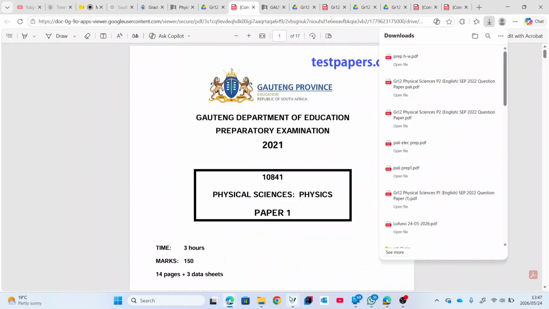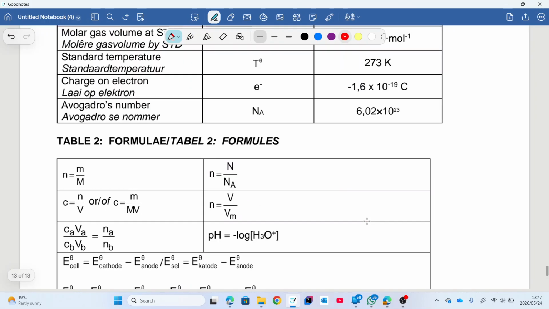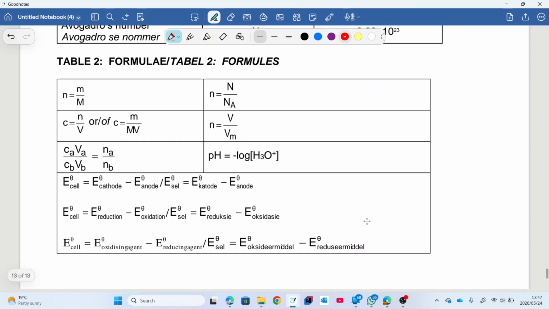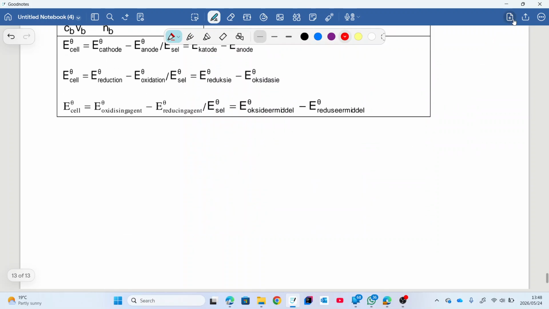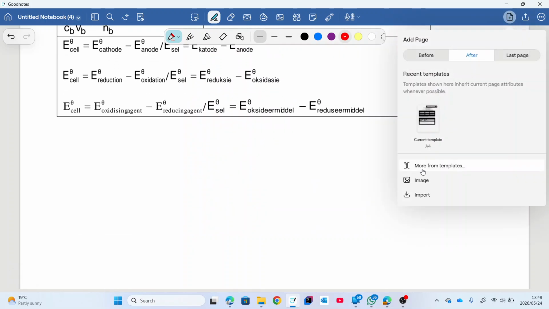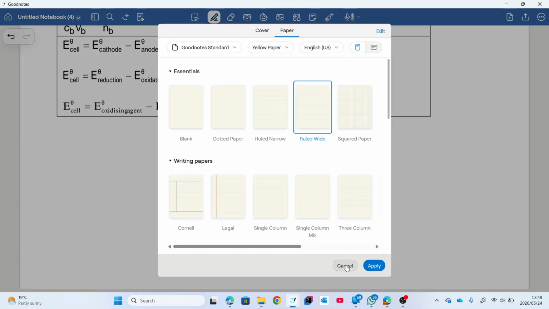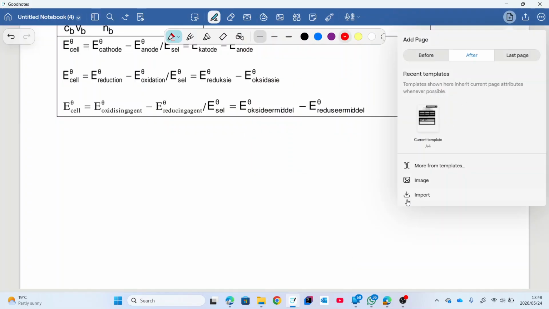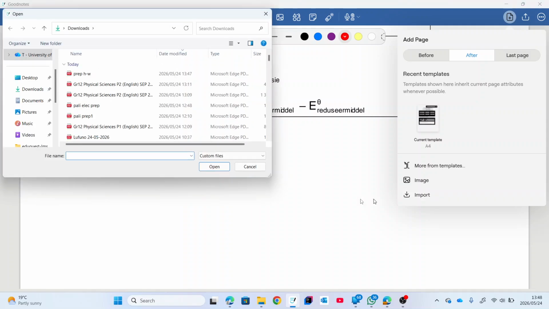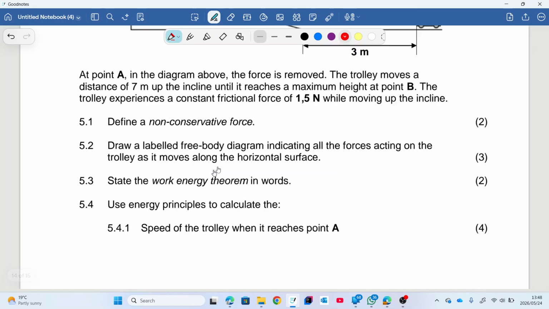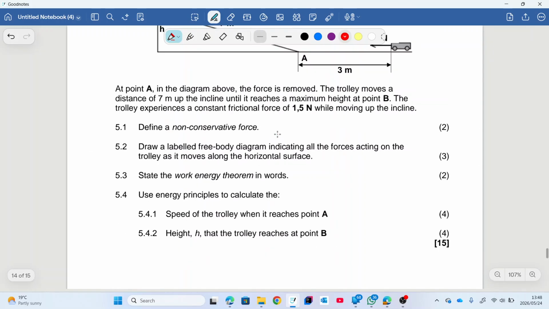Here we have the formula sheet I thought we would need. I didn't even use it. I'm trying to give you some good practice questions.